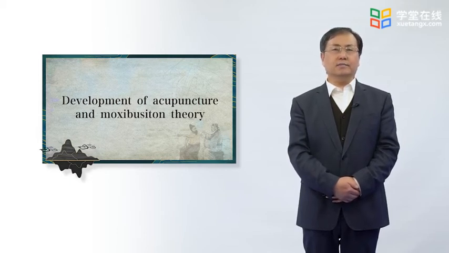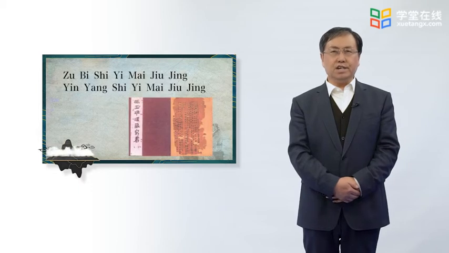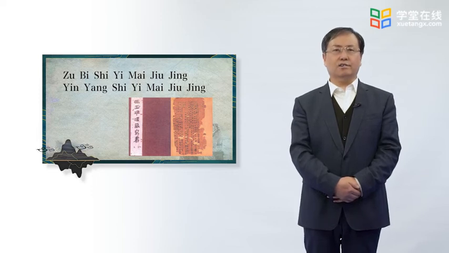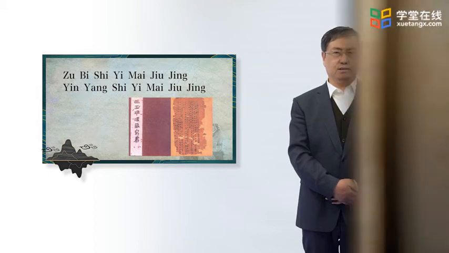In 1973, two ancient books on meridians and collaterals, 足臂十一脉灸经 and 阴阳十一脉灸经, were unearthed among other medical manuscripts in the Han Dynasty tomb number 3 in Mawangdui, Changsha city of Hunan province.